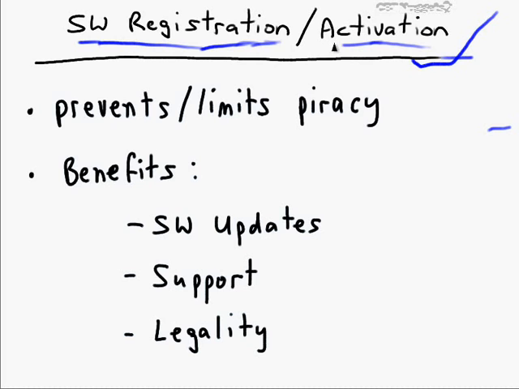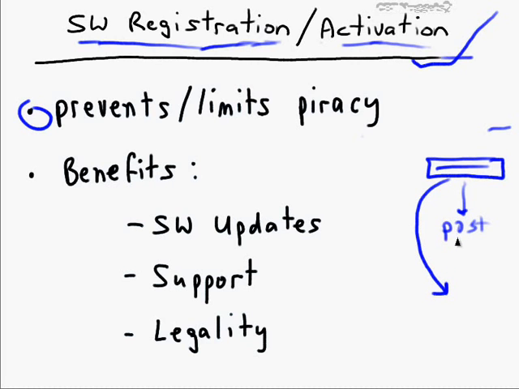Product activation is overlapping with registration in as much as it deals with preventing or limiting this piracy, like I said. You might have a registration activation scheme that requires the user to input their single user license key before installation completes. Activation is another layer on top of that, such that post-installation, the application phones home, as it's called, or establishes an internet connection with the independent software vendor, or ISV, and does kind of an under-the-hood registration such that this product ID number is validated, and then the software is given an official, quote-unquote, stamp of approval as being genuine.